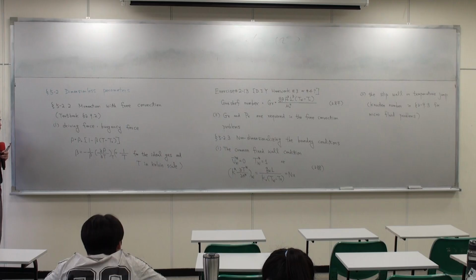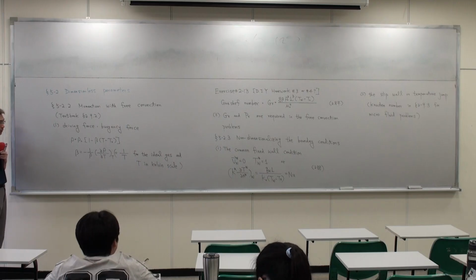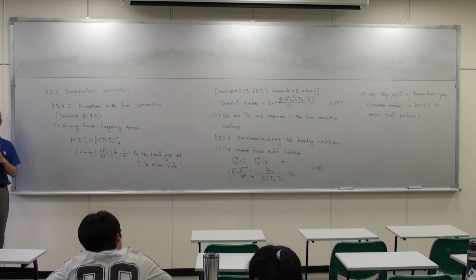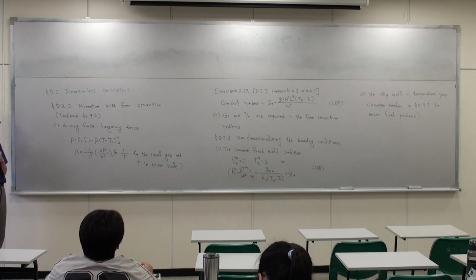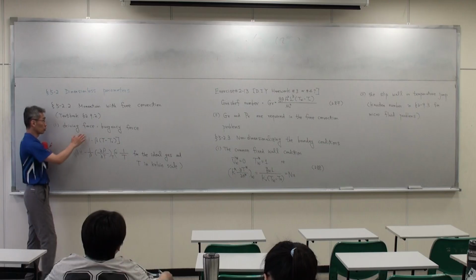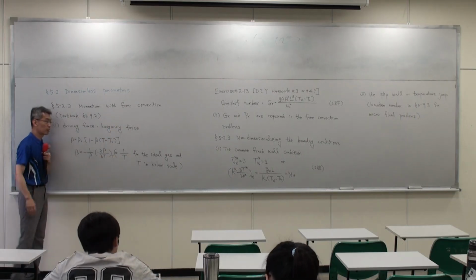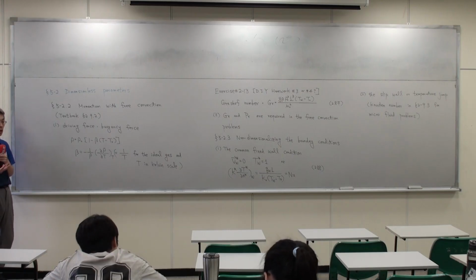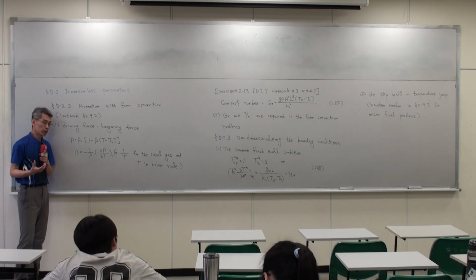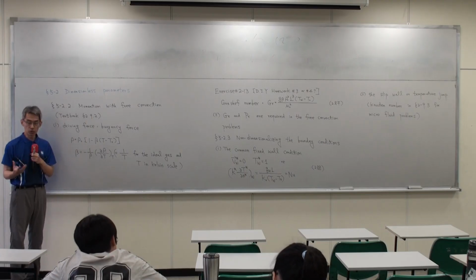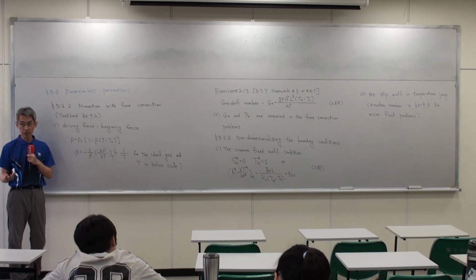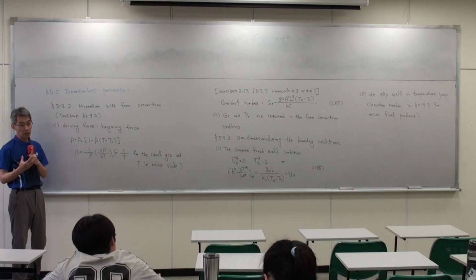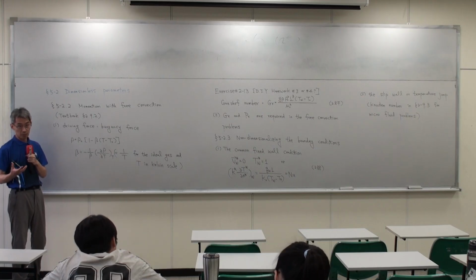So if we apply the non-dimensional parameters to a certain problem, for example the free convection problem, the first step is the governing equation, just like we mentioned. Then in the governing equation, we need to see which one is the important dimensionless parameter.